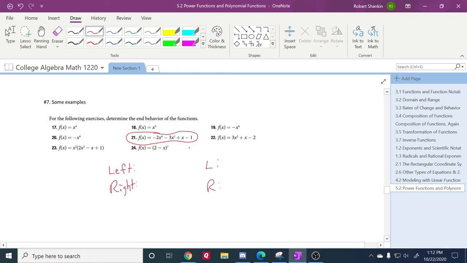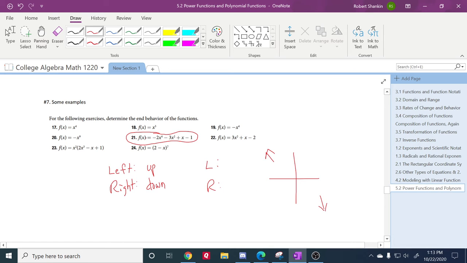We said left up and then right down. On the far left, it'll be up, and on the far right, it'll be down. It'll look like this. That's what we said, yes.